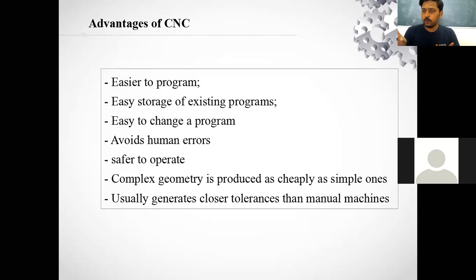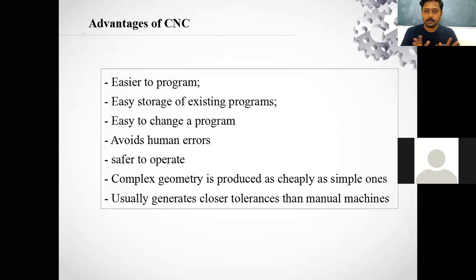Okay, so these are the two types of CNC machines that are available: online programming and offline programming. Avoids human error, as we have discussed. Safer to operate because human intervention with the machine is less as compared to the traditional machines.